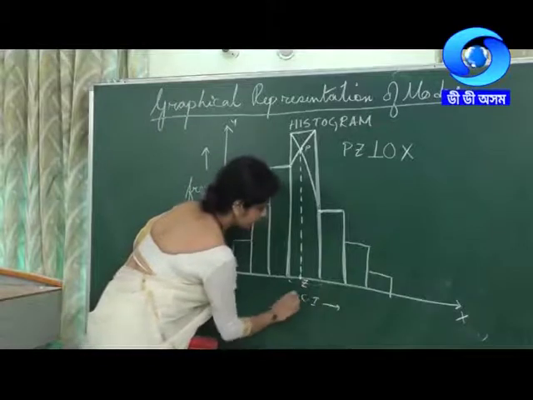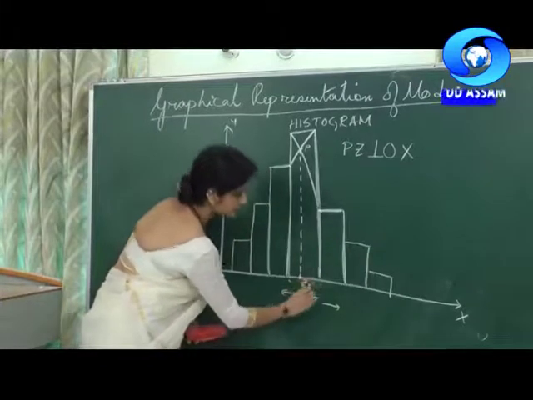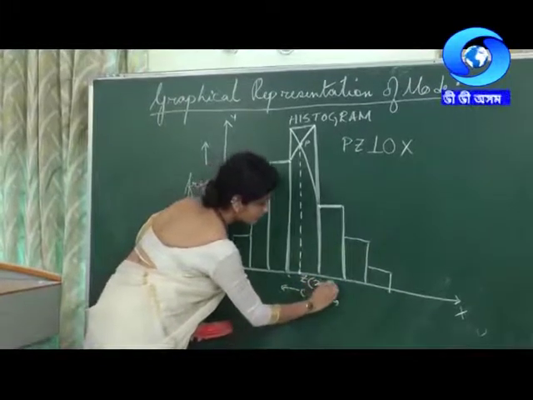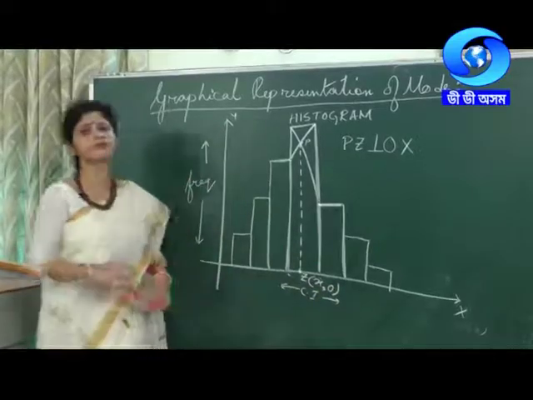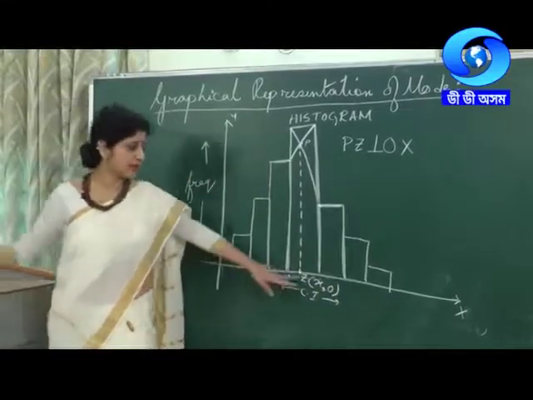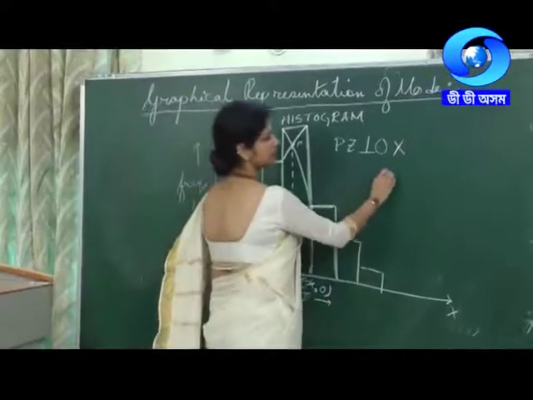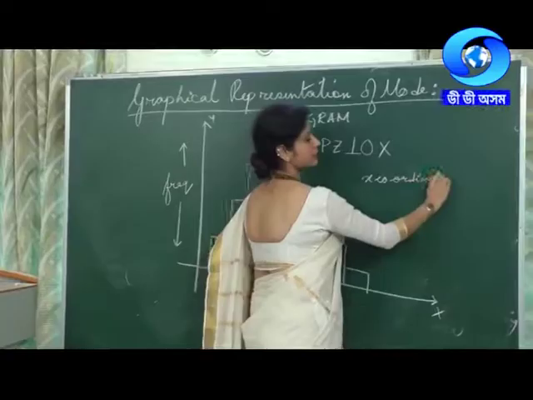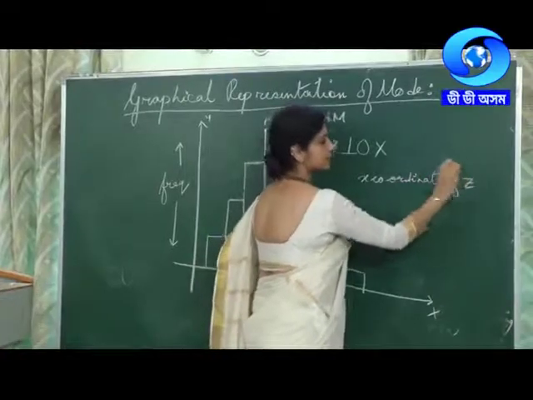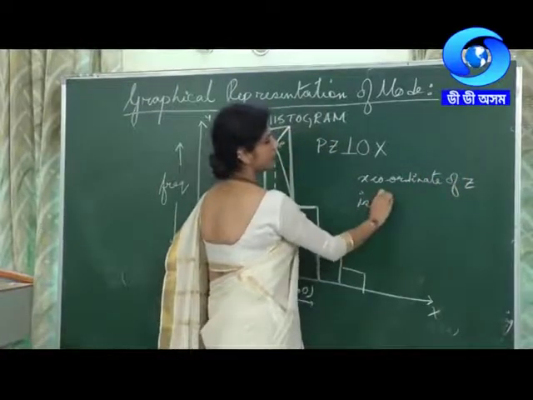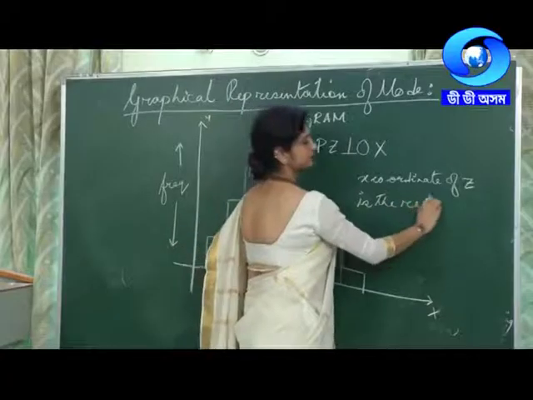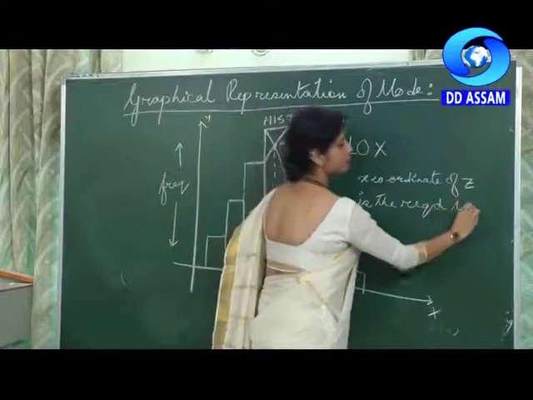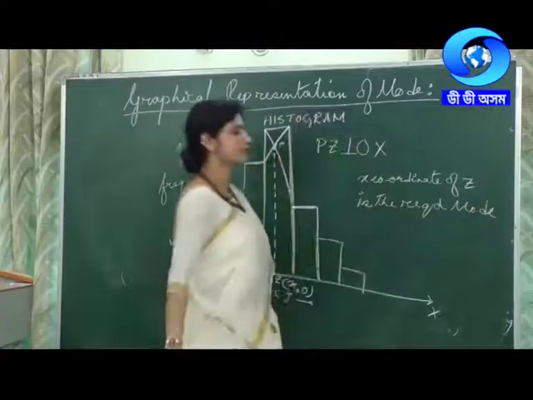All right? And since it lies on the X axis, the Y coordinate will be 0 and it will have an X coordinate. The X coordinate of Z is the required mode of the given distribution.